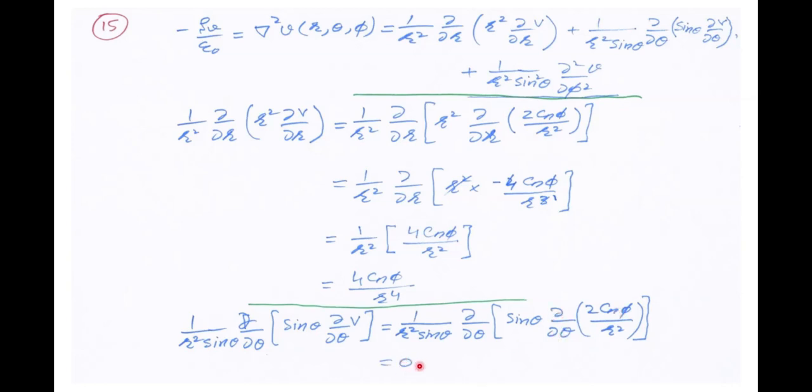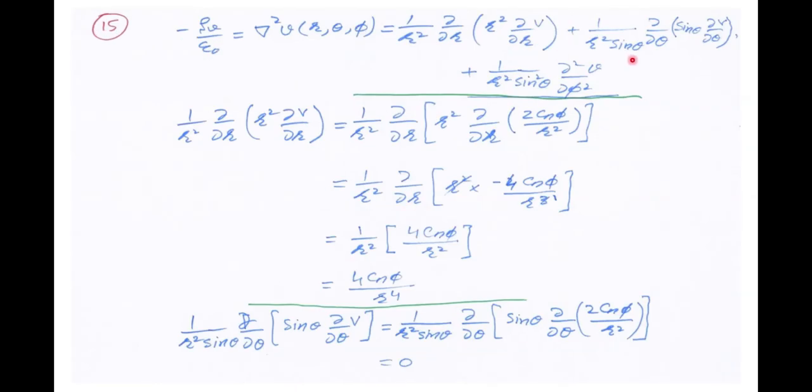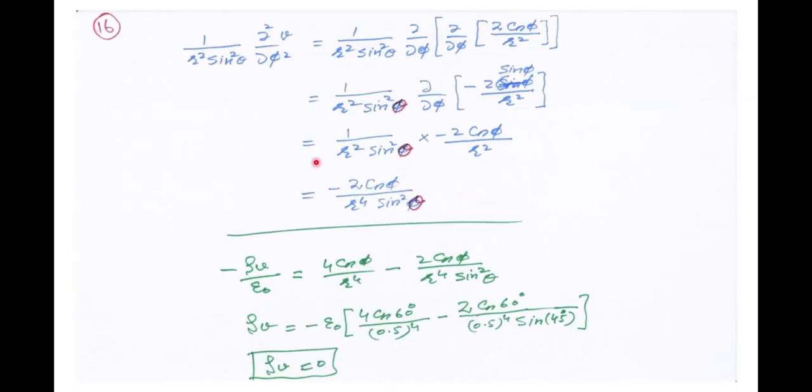That's why the second term in this equation produces zero value. Now differentiate the third term in this equation, which is the differentiation with respect to phi. 2 times the differentiation with respect to phi of the given function produces minus 2 times cosine phi divided by r4 sine square theta.